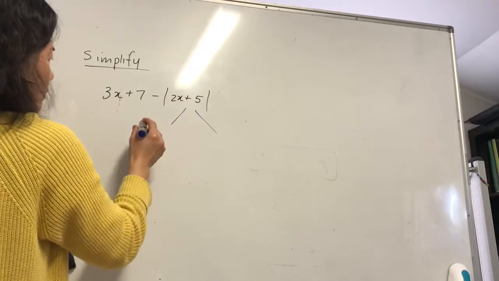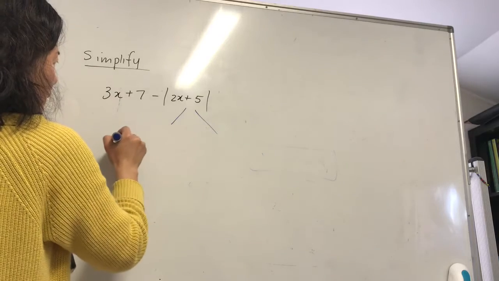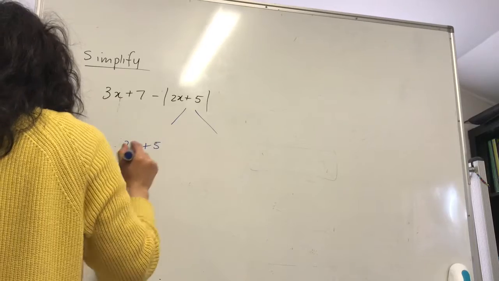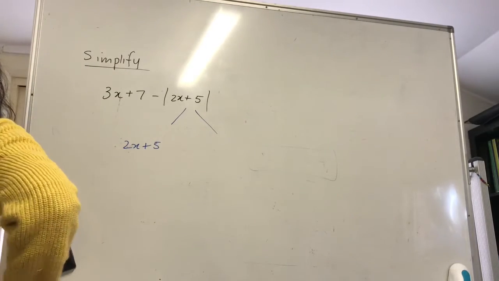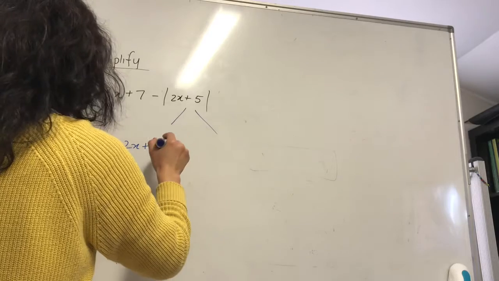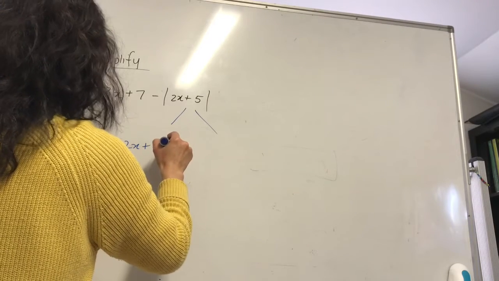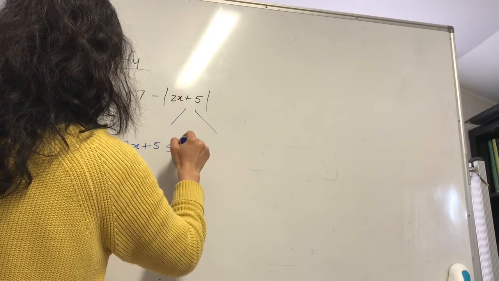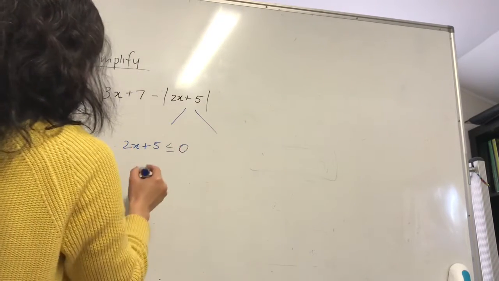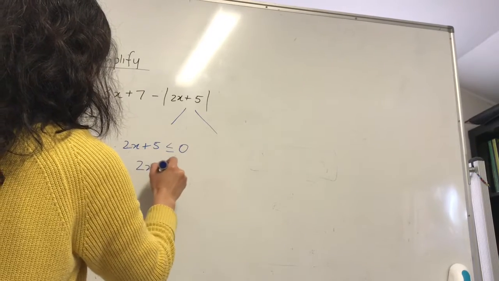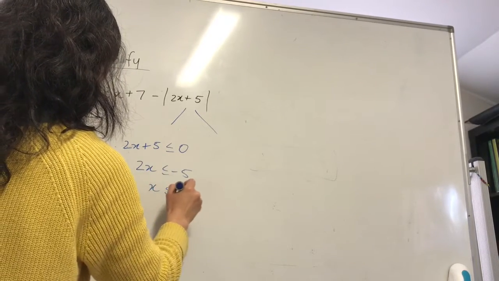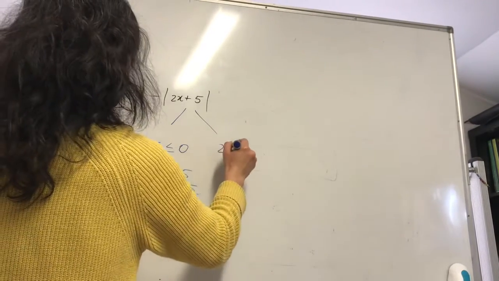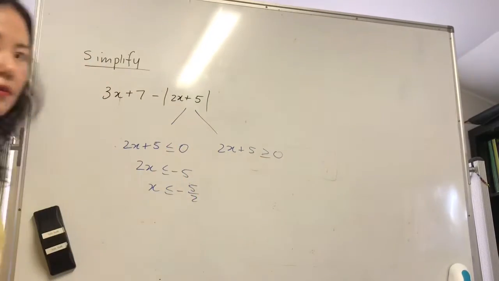So this one, we will go 2x plus 5 is positive or negative. So I'm just going to go 0, and then 2x plus 5 is bigger than or equal to 0.